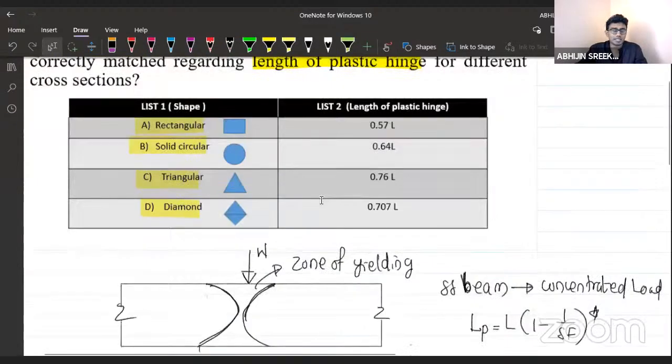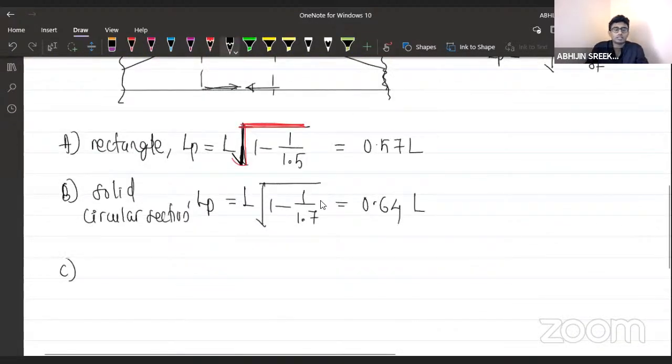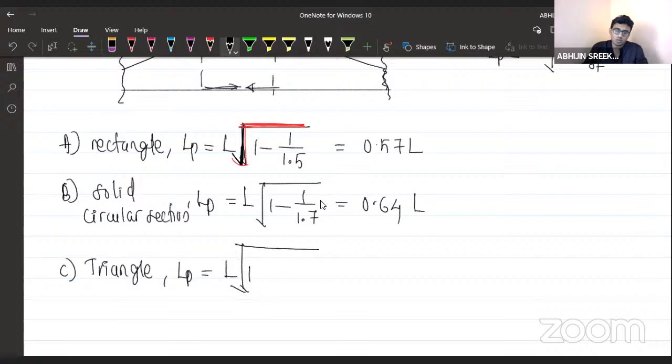You can confirm this answer. For the third option, the triangle, others can confirm this answer. Pushpuja is saying 0.59. I need you people to confirm this. L root of (1 minus 1 by 2.34) for the triangle. Yes, it will be equal to 0.76 L.